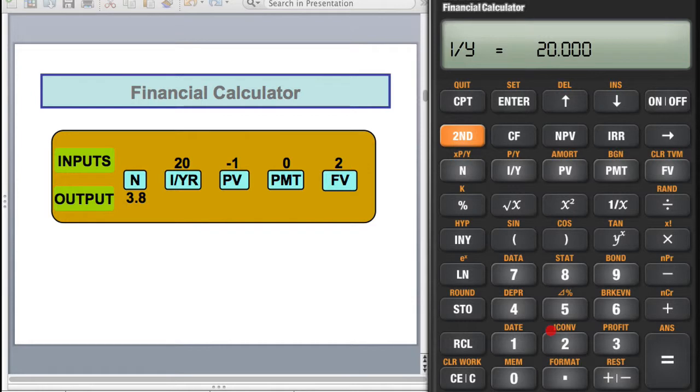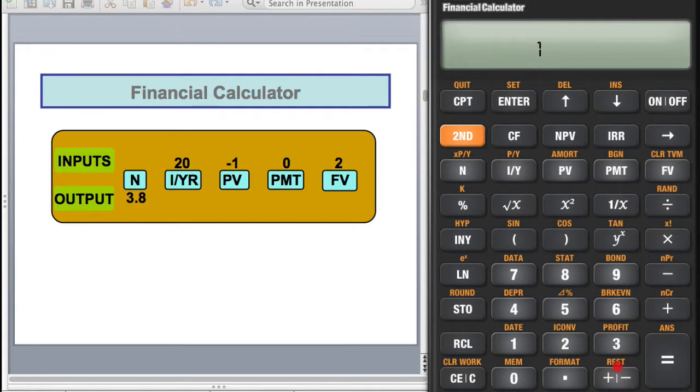PV is -1. Why is it -1? Because that's how the calculator knows that that is an initial cash outflow or an investment, which is not a bad thing. So typically minus is considered negative literally, but here it's actually an investment. It's a cash outflow.